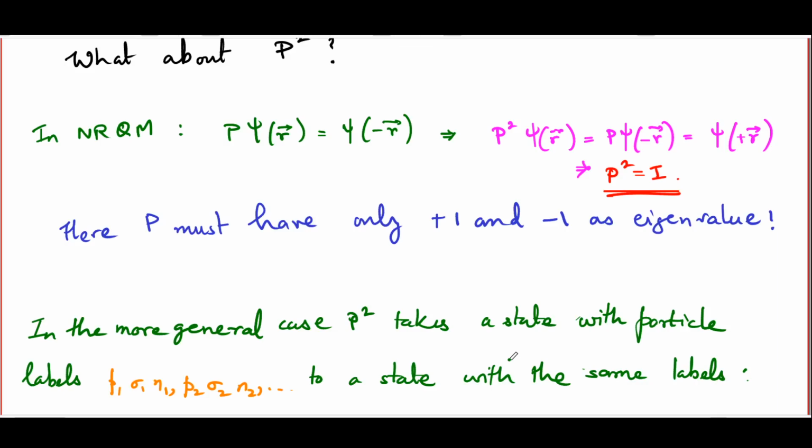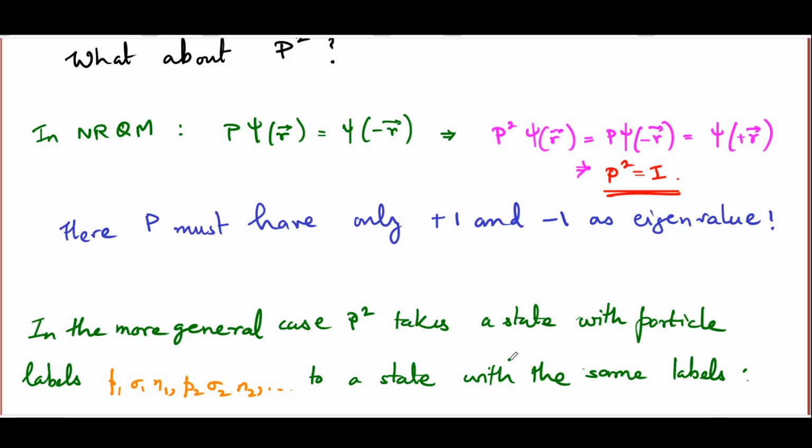Of course, in a general internal symmetry operation, the particle labels might get mixed up, might change, or be replaced with a linear combination of different states with different particle labels, as happens, say, in isospin. But for abelian cases, you do not have such mix-ups.